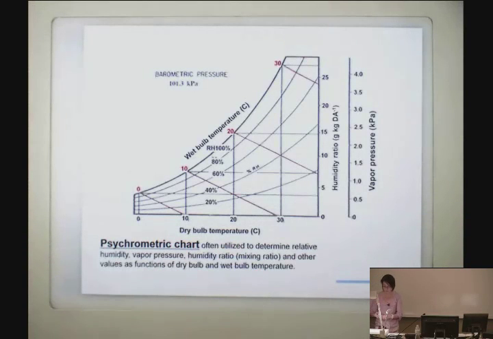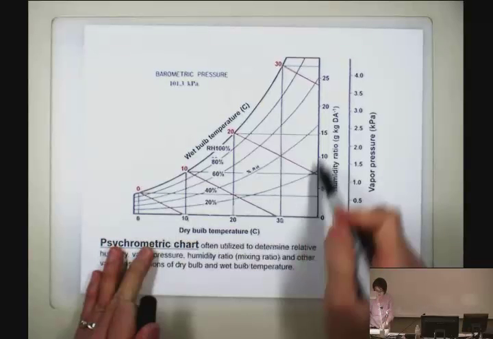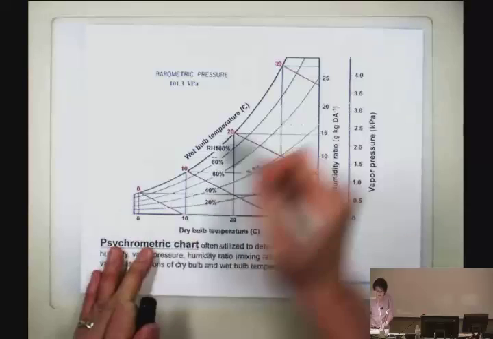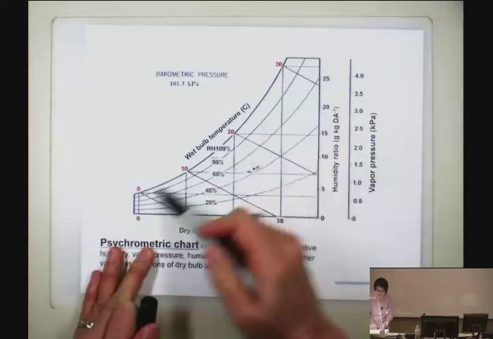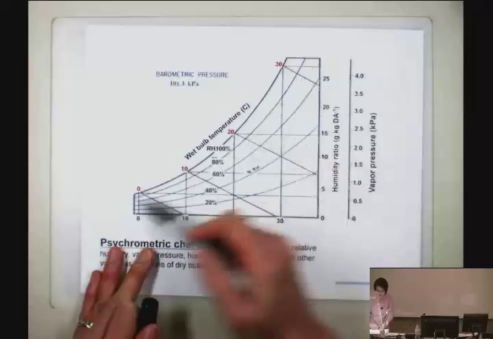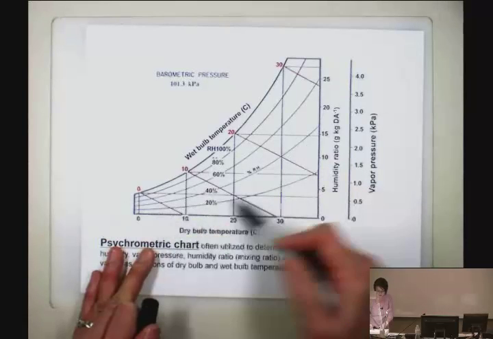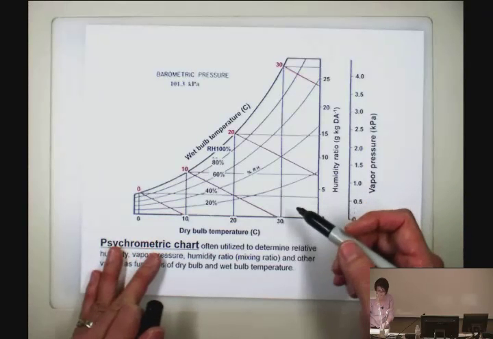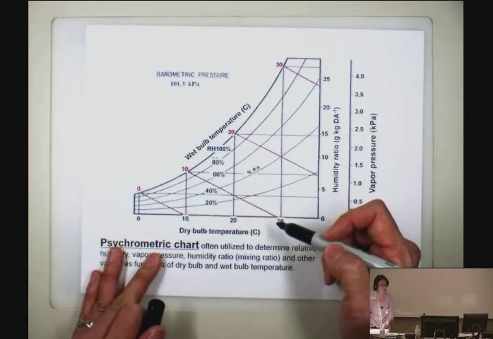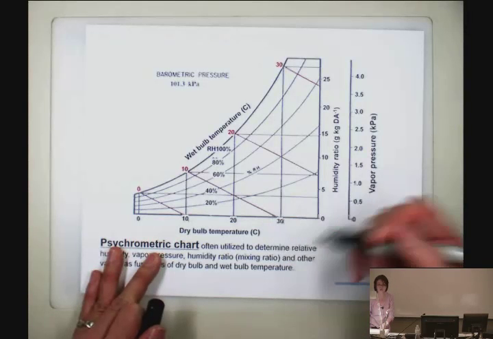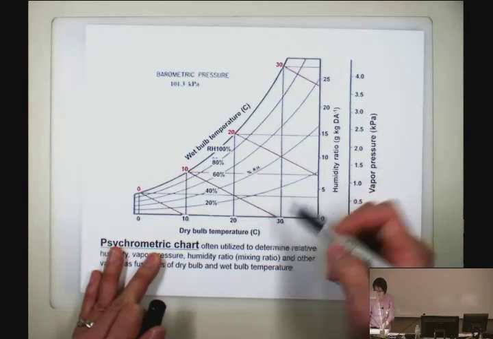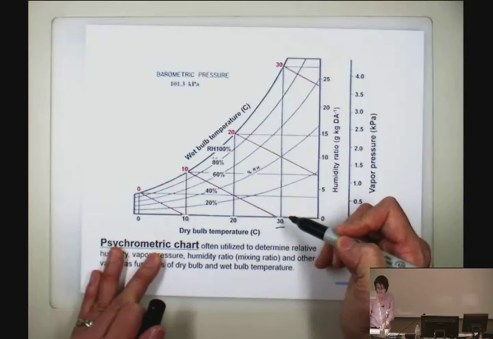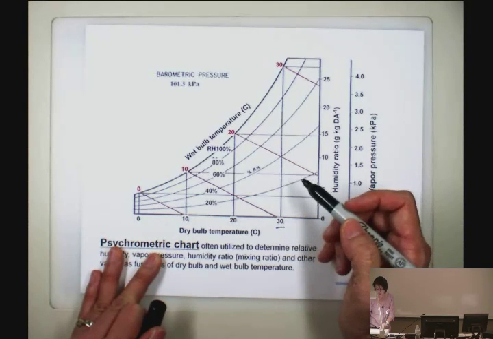For example, another thing: there are curves like that, right? There are curves, and that's the humidity line. This is the 100% saturation humidity line, 80%, 60%, 40%, 20%. And you can find the point representing your air's condition, so the temperature and humidity, for example. So I can find 30 degrees C and let's say 40% humidity.